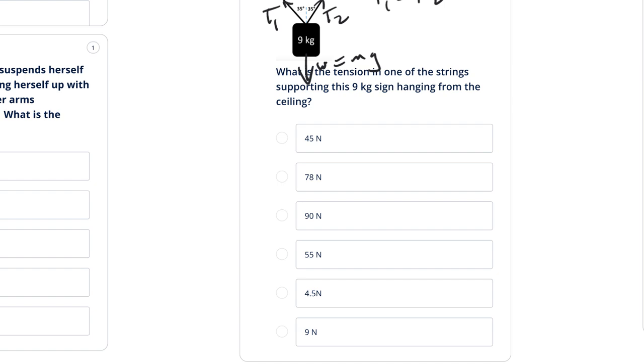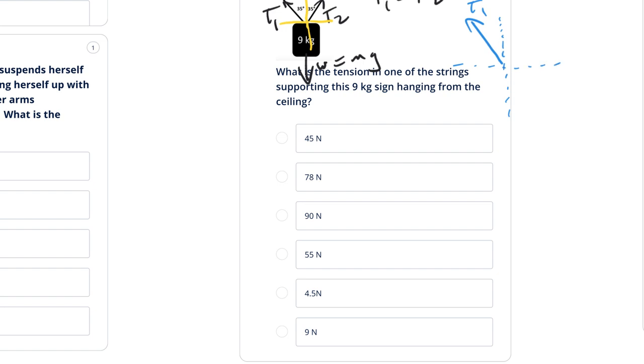I'm going to just isolate T1. There's the XY axis. The weight's along there. Okay, so if I were to draw a free body diagram of just the slanted force there, T1, here's the XY axis.